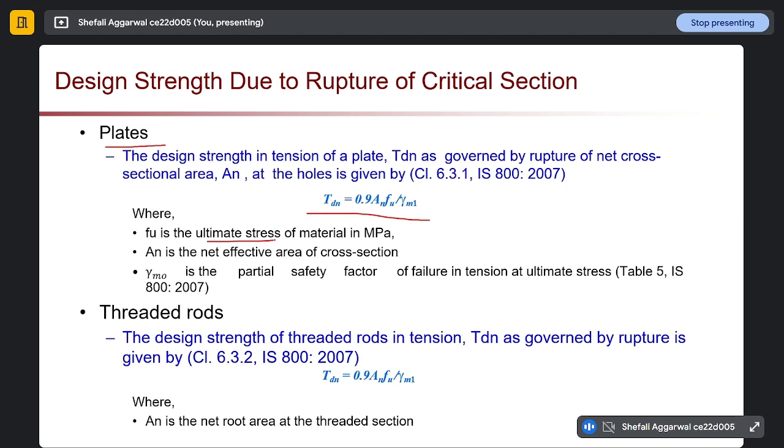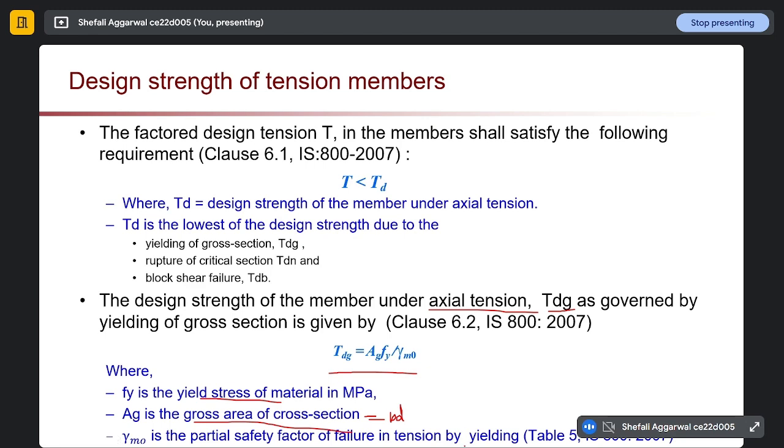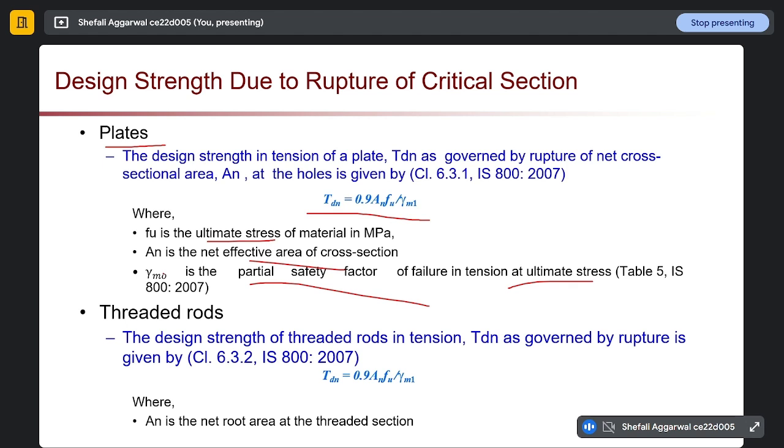In this case we are using ultimate stress, and AN will be the net effective area of cross section. Instead of gross area, we are taking net effective cross-sectional area, and gamma m1 will be the partial safety factor at ultimate stress. There we were taking partial safety factor at yielding. Here we will be taking partial safety factor gamma m1 at ultimate stress.